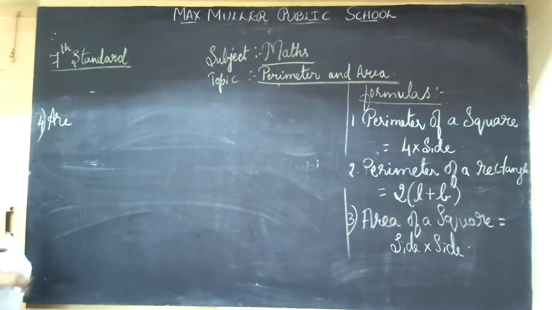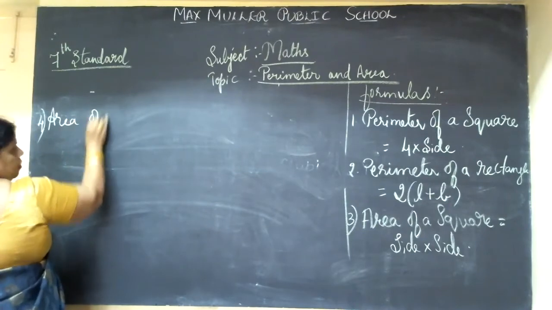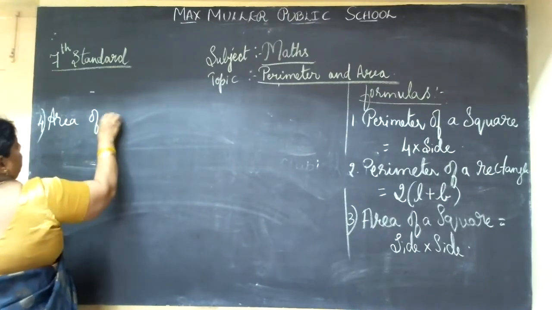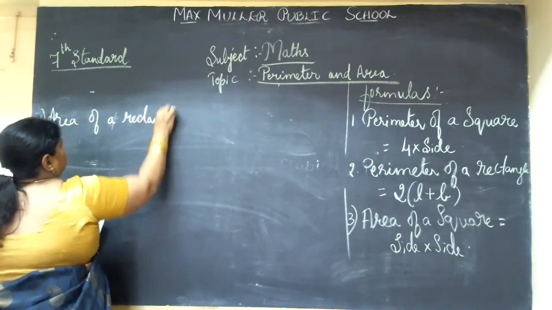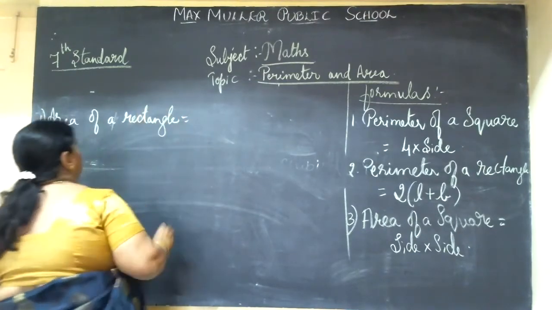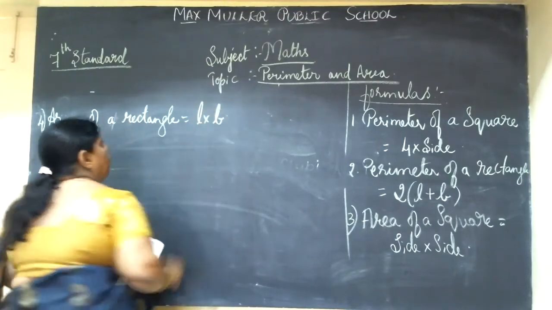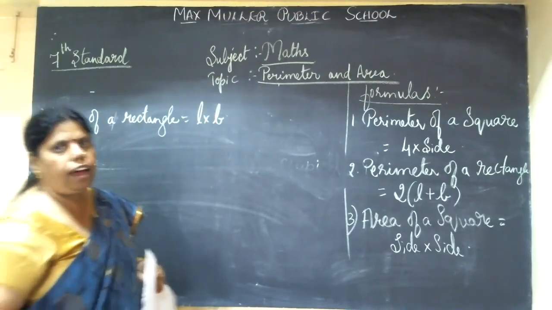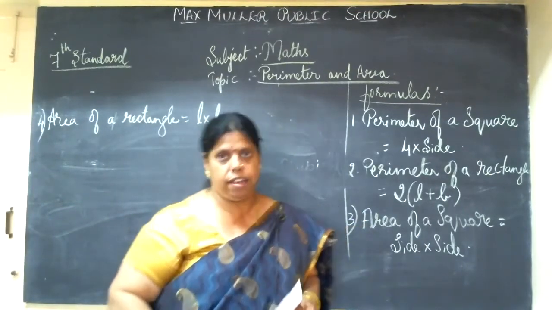Fourth formula, area of a rectangle is equal to L into B. Wherever you get the area, note it, the unit will be squares.